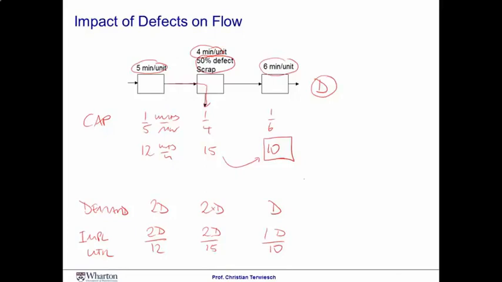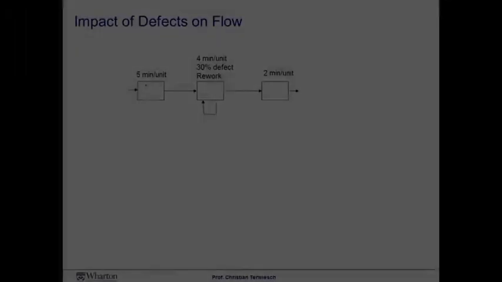So the implied utilization is at the maximum at the first step over here. So we would call this step the bottleneck. And you see how the scrap rate actually is impacting where we have the bottleneck in our process.